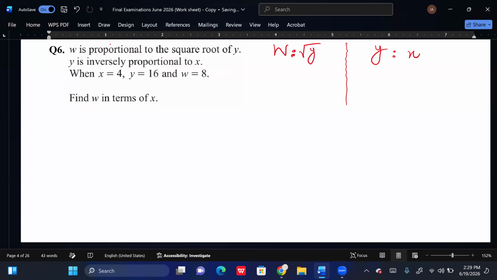They gave you values for x, y, and w. In the first proportion, we substitute w as 8 and y will be 16. In the second proportion, we substitute the values and we have y as 16 and x as 4.